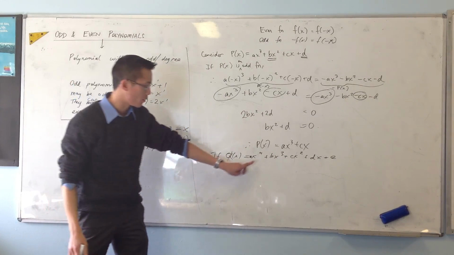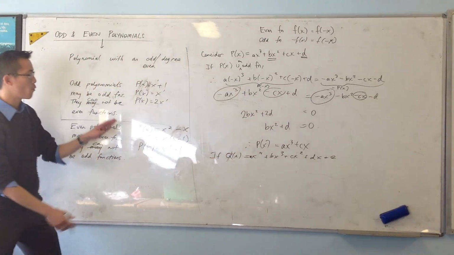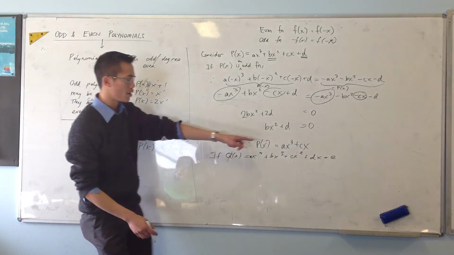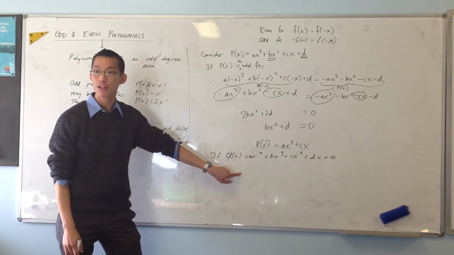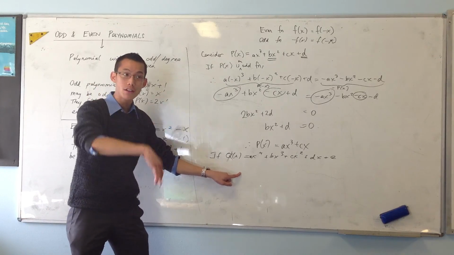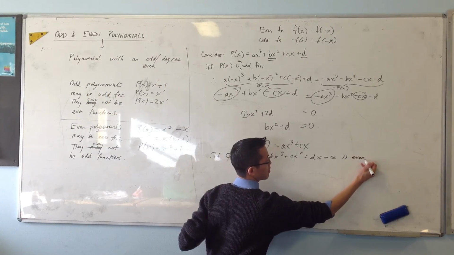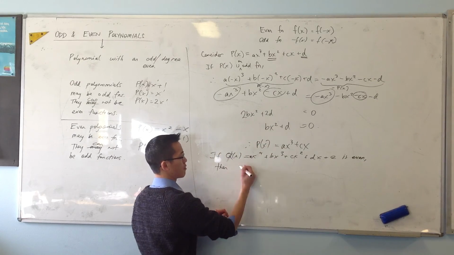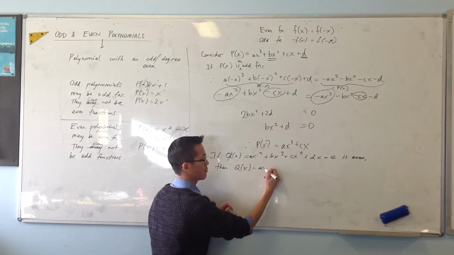Couldn't possibly be odd, obviously, because you've got a 4 out the front. But if q were even, in just the same way that making it odd, I had to get rid of all the even terms, to make sure that this is really even, I've got to get rid of all the odd terms. So if it's even, then what I'm really going to be left with is this term, that's okay.